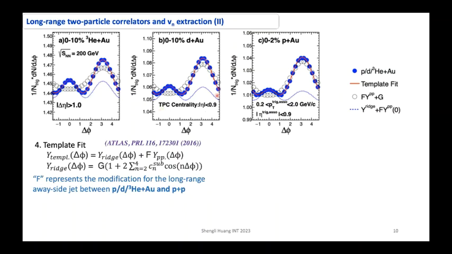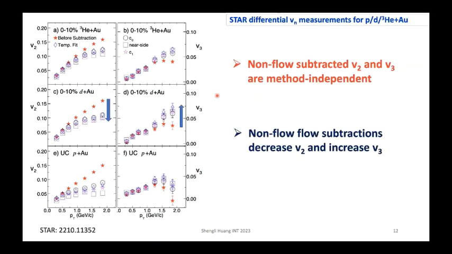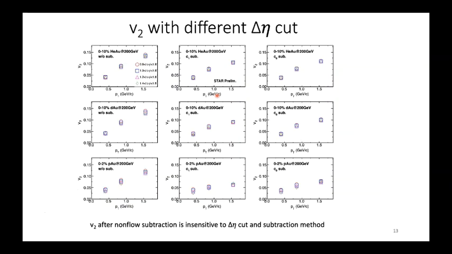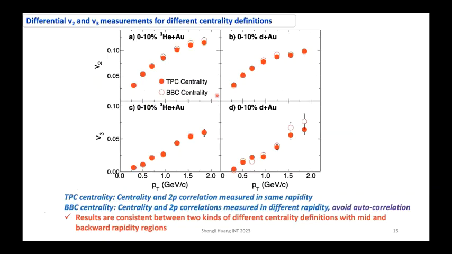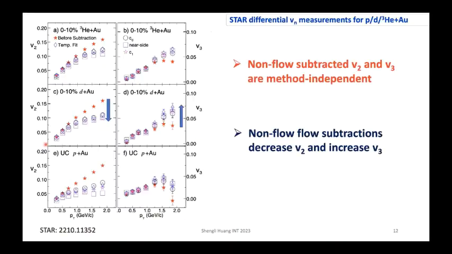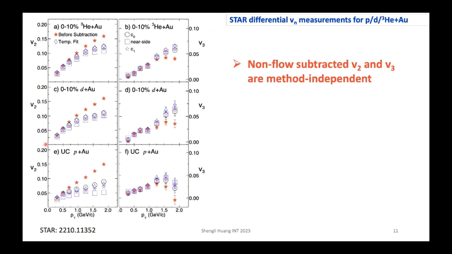But if I can go back to the original question I have, there are multiple components in the early stage other than the eccentricity. Just a comment: there are other sources other than initial eccentricity, right?